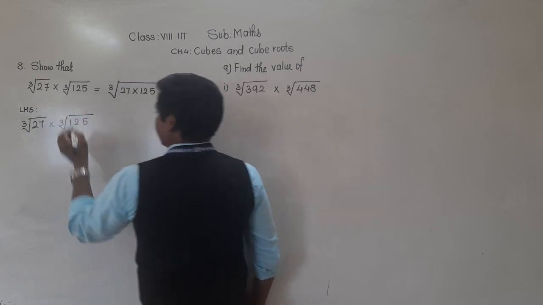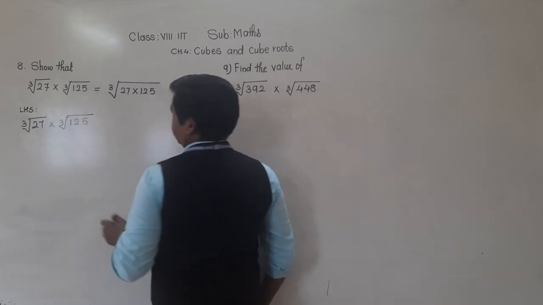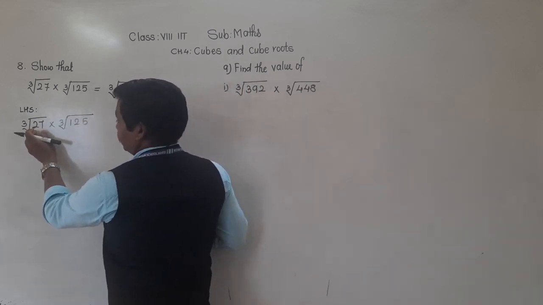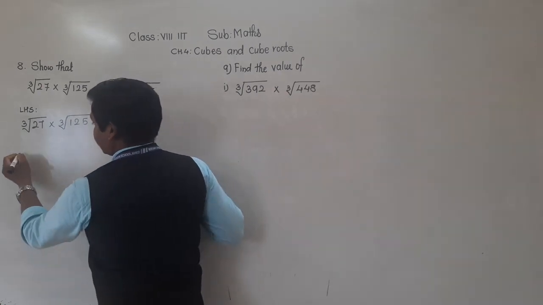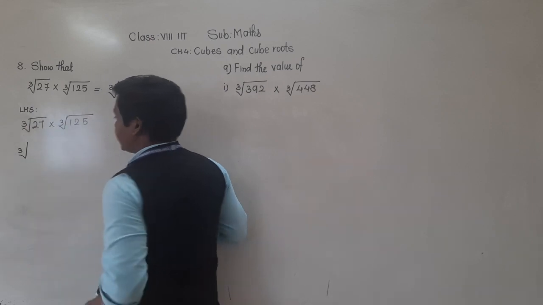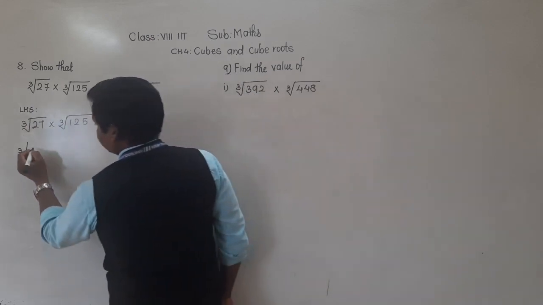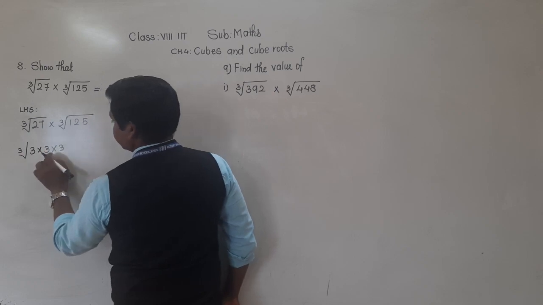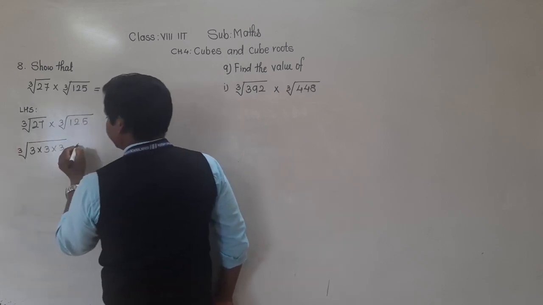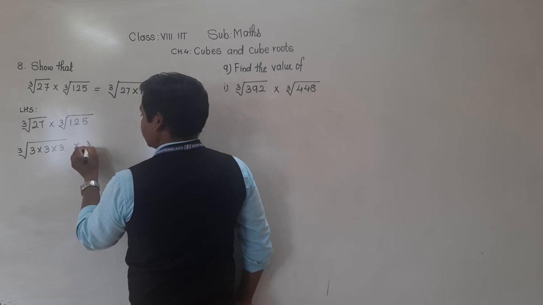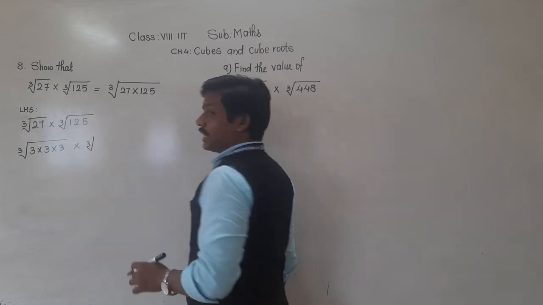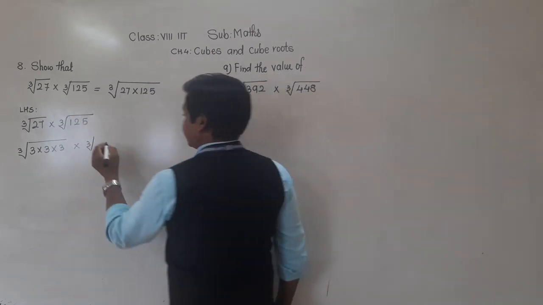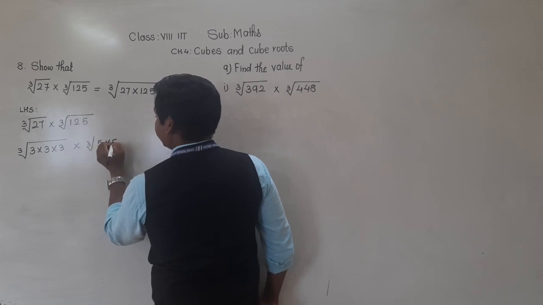Okay, now see, what are the prime factors of 27? Can you tell me? Cube root of 27. Let's find the prime factors of 27. 3 into 3 into 3. 3 3s are 9, 3 9s are 27, into cube root of 125. So what are the prime factors of 125? 5 into 5 into 5.